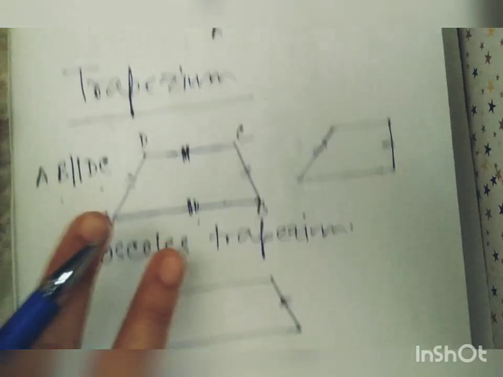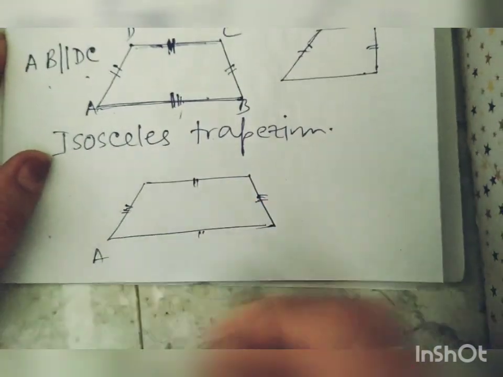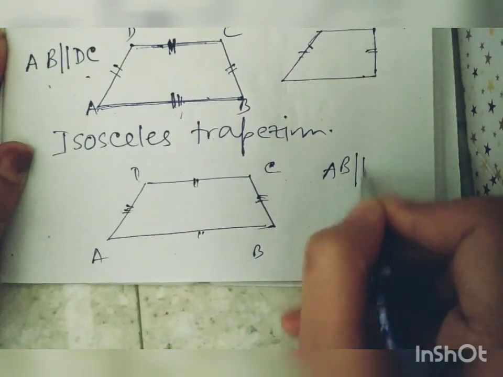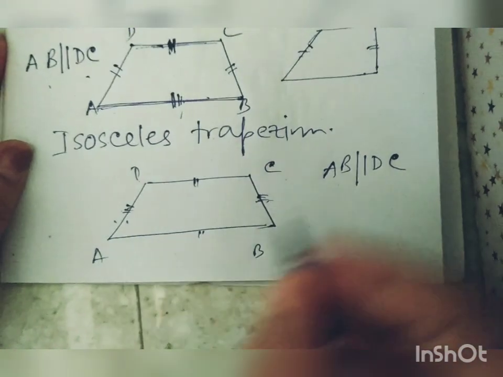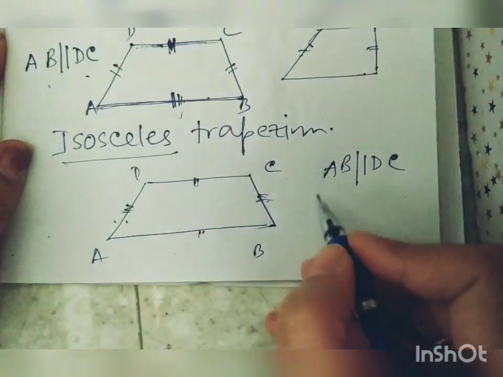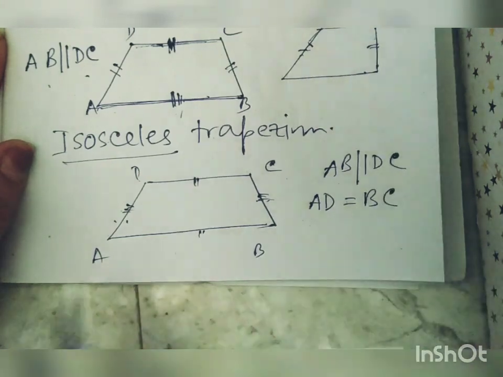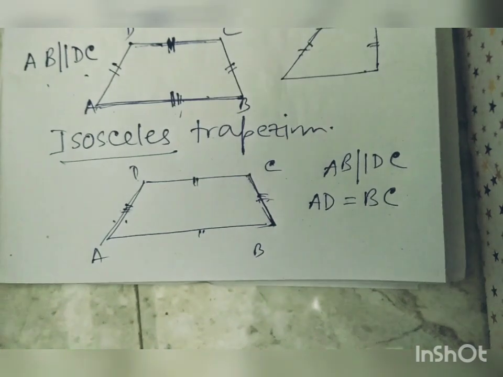But in case of isosceles trapezium, here you can get one pair parallel to each other, but along with this, in case of isosceles trapezium, the non-parallel sides are equal in length, meaning AD and BC, these two sides are equal in length.